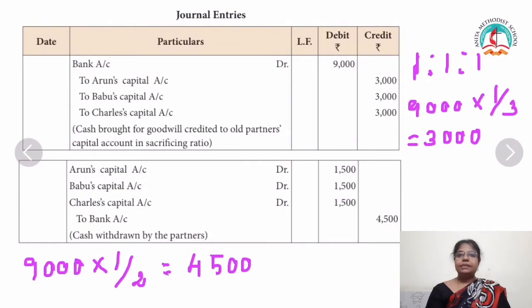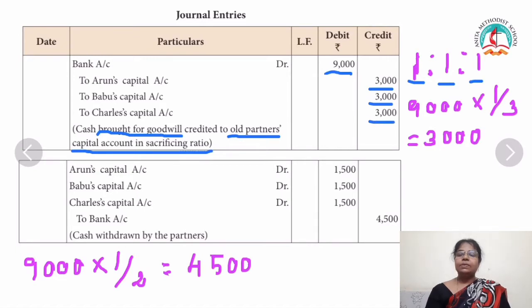So now the first journal entry is for cash brought for goodwill. It should be credited to old partner's capital account in sacrificing ratio. So bank account debit 9,000 and the sacrificing ratio is 1:1:1. So Arun's capital 3,000, Babu's capital account 3,000 and Charles' capital account 3,000.